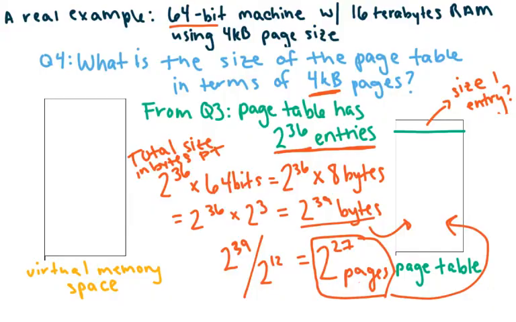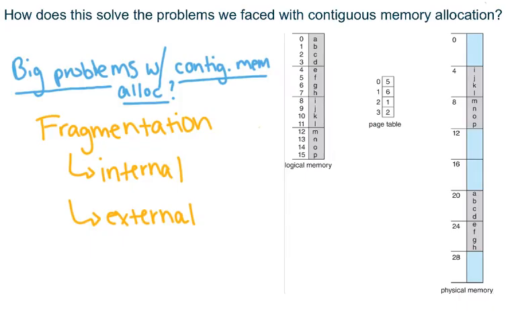All right. So the last question we want to ask is, how does this solve the problems we face with contiguous memory allocation? So the first thing is that we no longer have to do contiguous memory allocation, and this is going to afford us that we no longer have to worry about internal or external fragmentation.